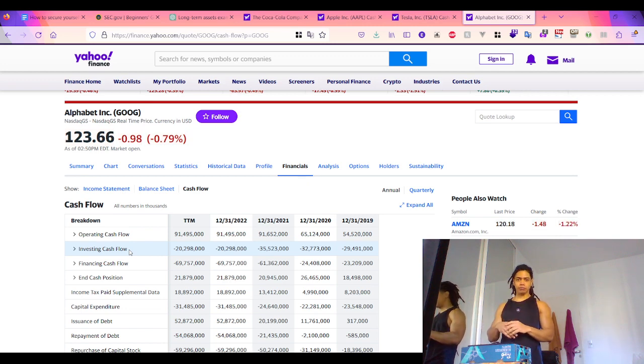leisure improvement in a house. So all these kind of things, right? So all of these are examples of long-term assets.